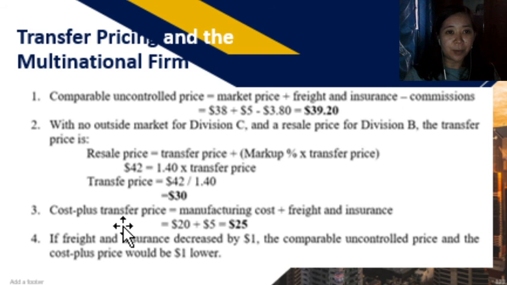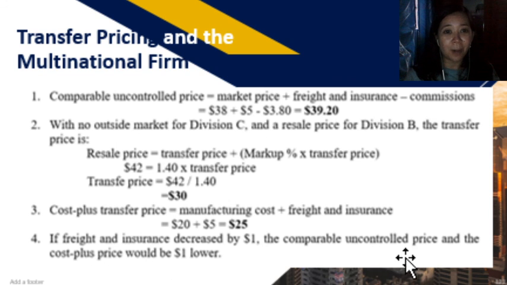So what about the cost plus transfer price? It is the manufacturing cost plus the freight and insurance. The manufacturing cost is 20 plus freight and insurance of 5, so the transfer price under this method is $25. What if freight and insurance decreased by $1?